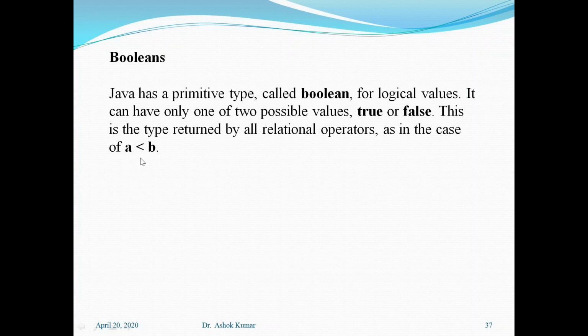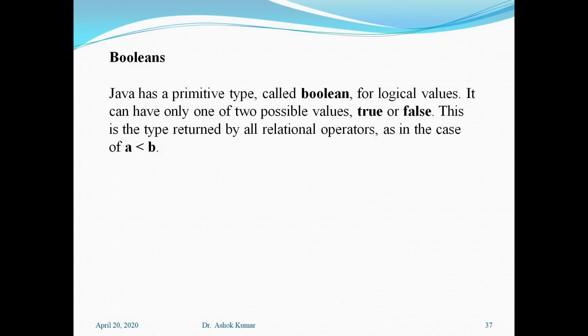For example, the expression A is less than B will evaluate to the Boolean value true or false. Unlike in C or C++, where such an expression evaluates to 1 or 0 and the output is an integer, in Java such expressions evaluate to a Boolean value, that means either true or false.